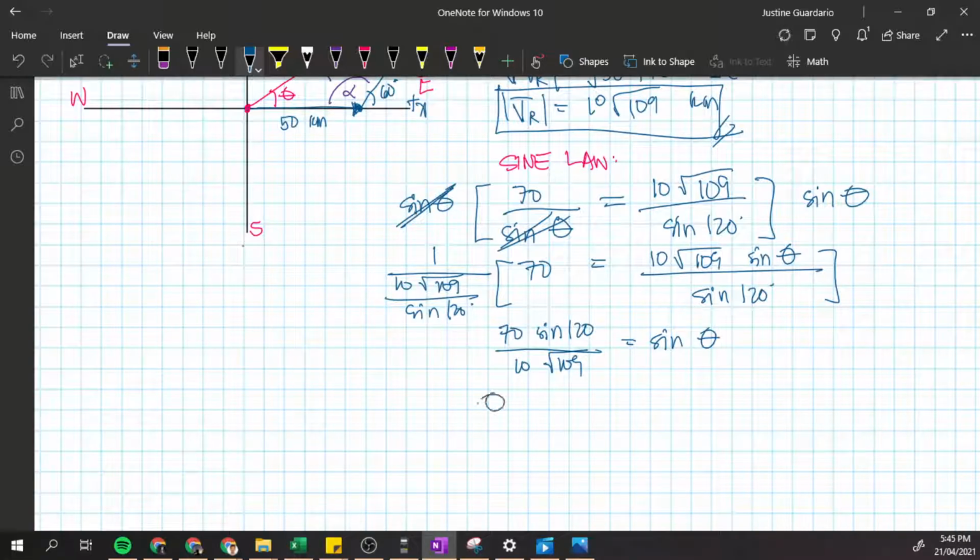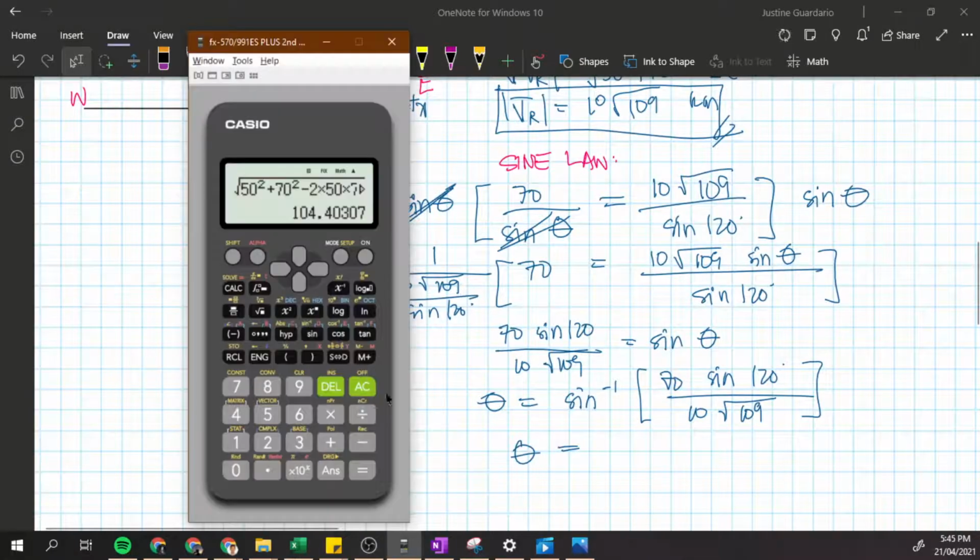Having theta, so lipat ko lang tong sine theta dito sa kabila. So, valid naman yun. Arc sine 70 sine 120 degrees over 10 square root of 109. Okay? Now, our angle, lalagay na lang natin yan sa calcu. We have here shift sine, arc sine yan.